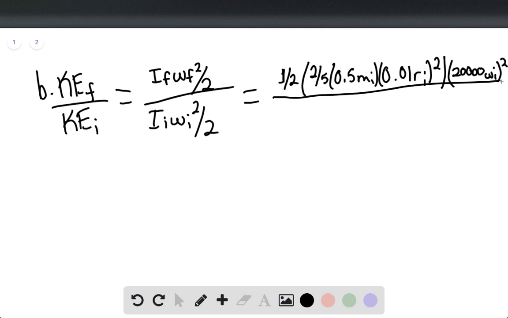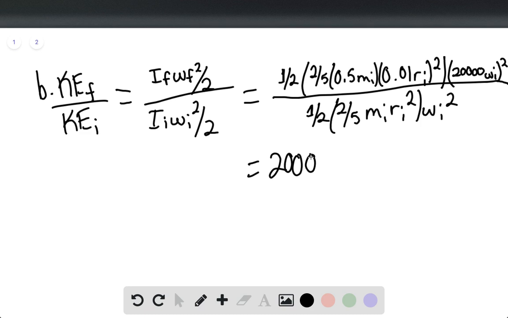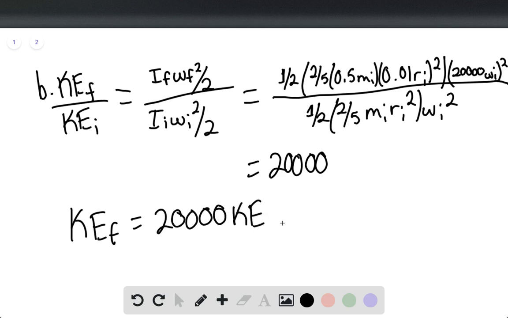And then, of course, divided by 1/2 times 2/5 m initial r initial squared times omega initial squared. And we find that this is going to be equal to, again, 20,000. So we can say that kinetic energy final is going to be equal to 20,000 times kinetic energy initial.